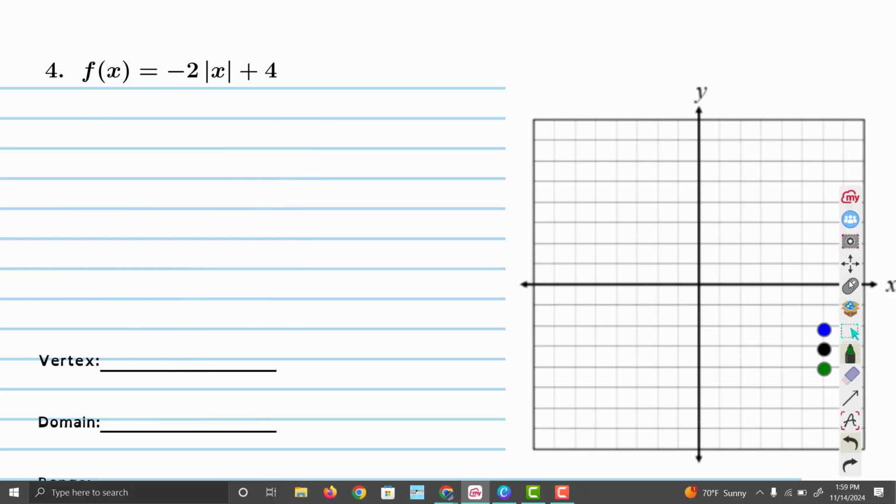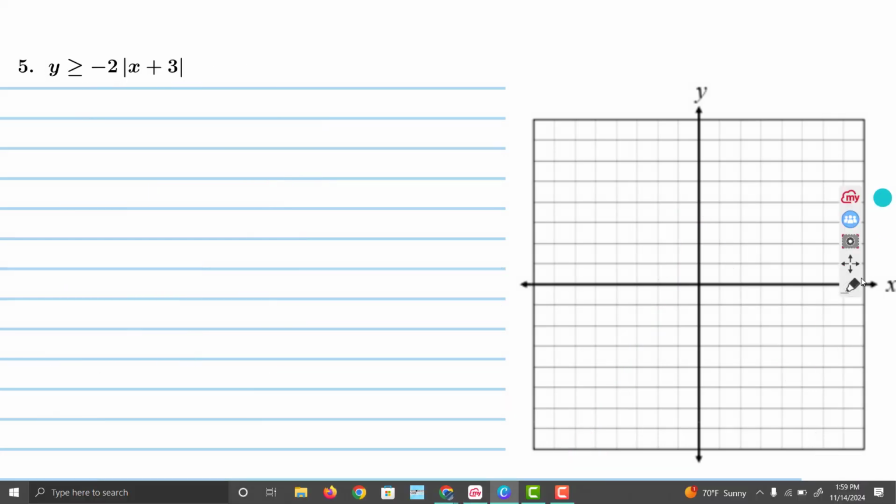So the only thing that's going to change when you have an inequality versus a regular function is you have to figure out, is it solid or dashed? And so you're going to look here. That's going to tell me it's solid. And then I need to find my vertex, which there's nothing added outside, so plus 0 on the outside. So my vertex is at negative 3, 0.